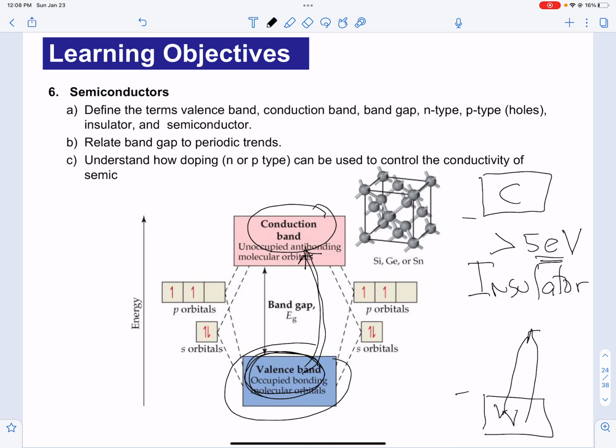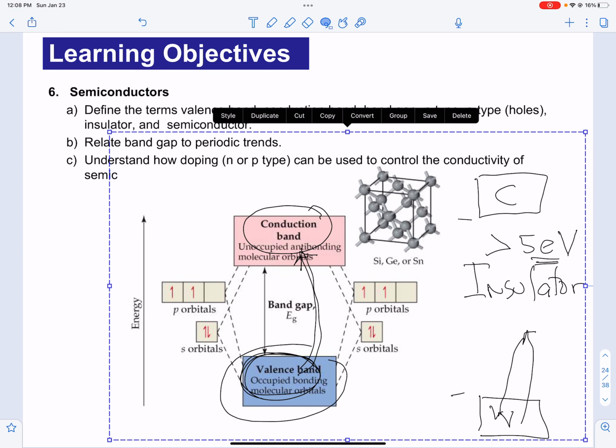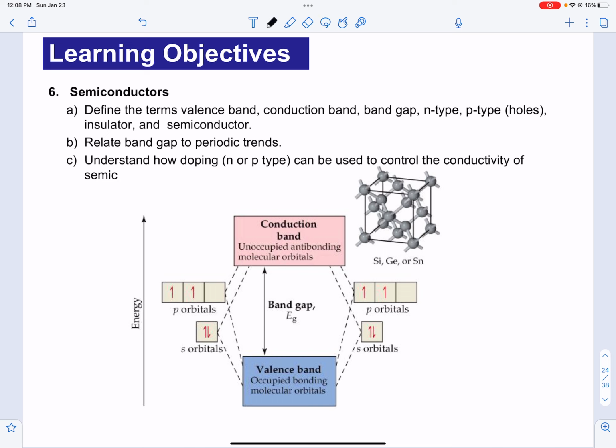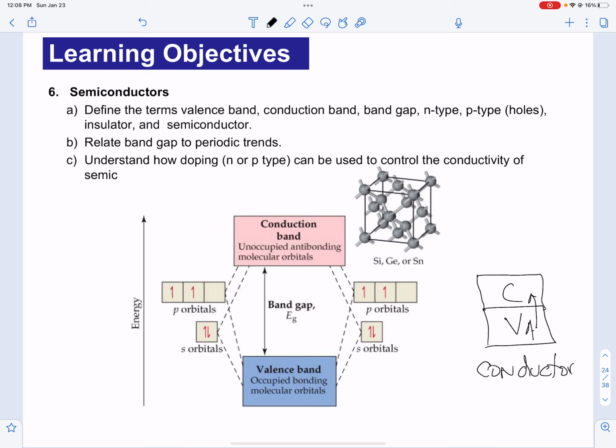What happens when you have your valence band and you have your conduction band and there's not even a gap between them? When that happens, you have a conductor. Electrons are going to freely move from one to the other, creating conduction, creating electricity.